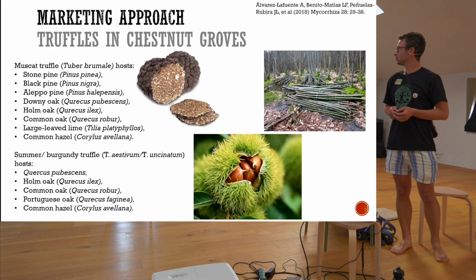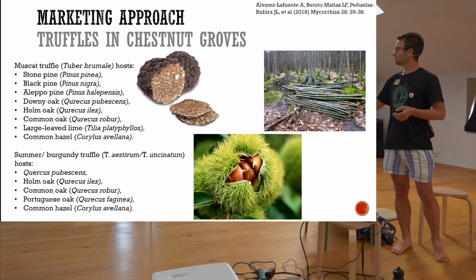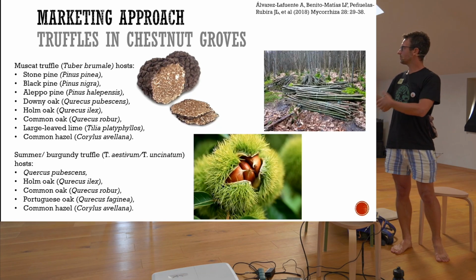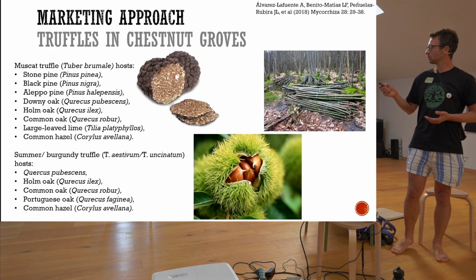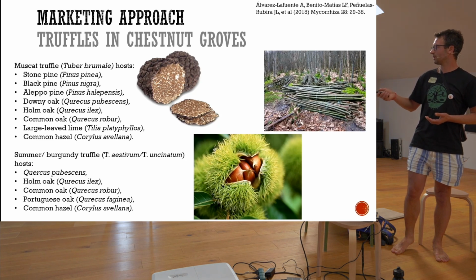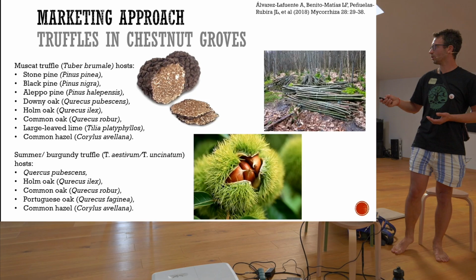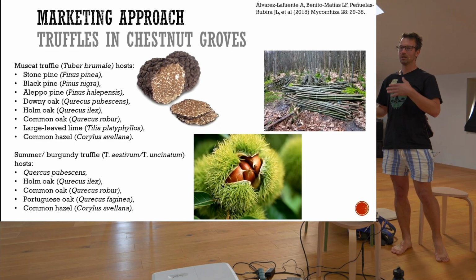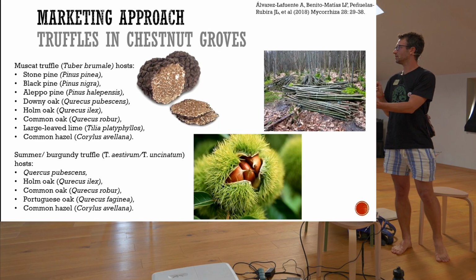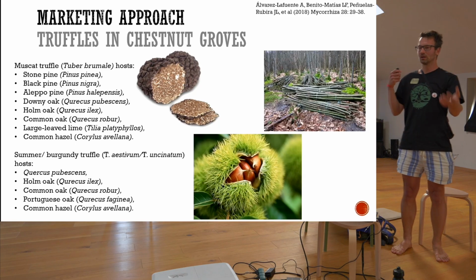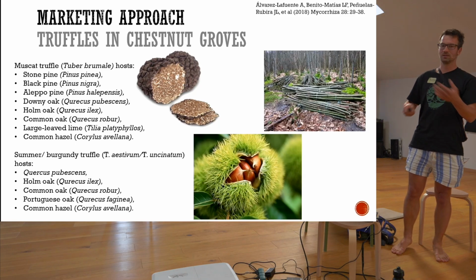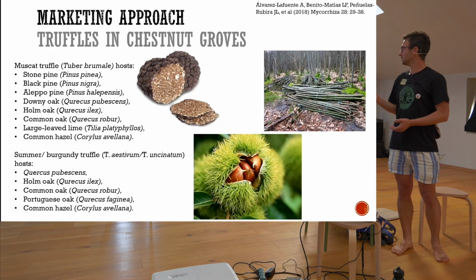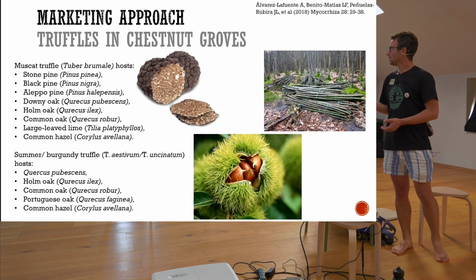Then you diversify your system with those plants which establish mycorrhiza with the truffle species that you want to grow, and then as a permaculturist you can check what the other uses of this species are. Could you also collect nuts, or could you collect timber, and design your business respectively.